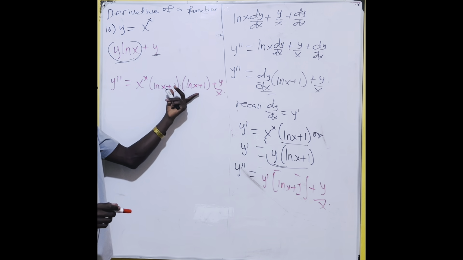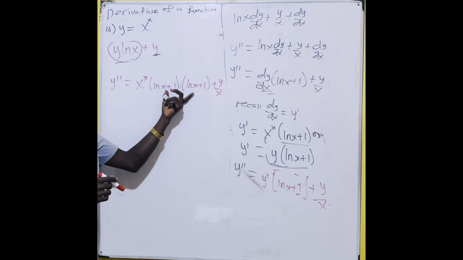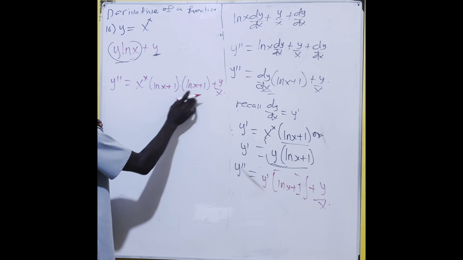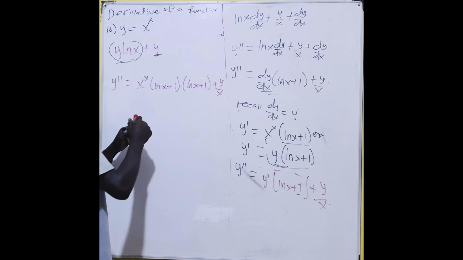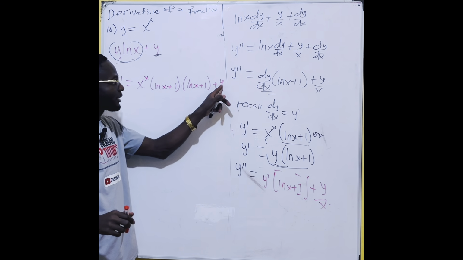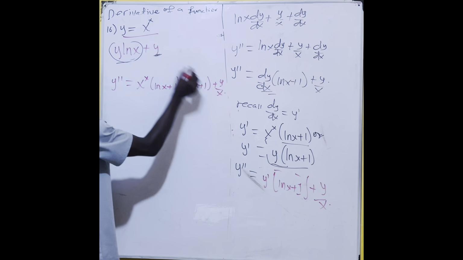Now, this can be expressed as, okay, so we have this here, and don't forget y is x to the x, so it means that we can substitute this over here.